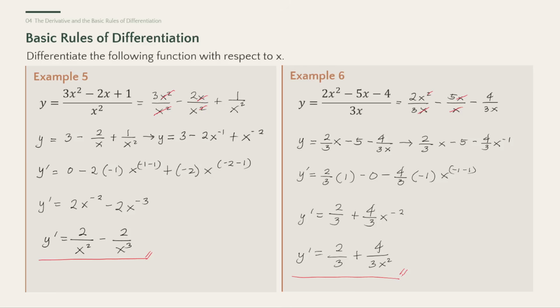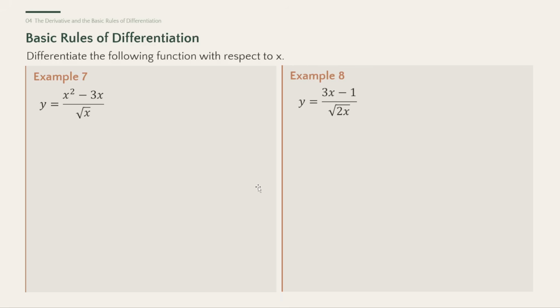Okay. Now, what if the term on the denominator is a radical? We have two cases again here. Radical, and the second one, it has a constant inside the radical. So let's answer this. Again, the same process applies, just like examples 5 and 6. We need to separate the terms.